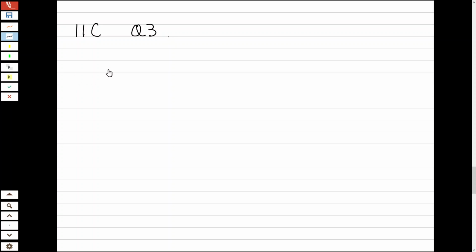So in this question, we are told we have a transition matrix, T equals 0.65, 0.35, 0.4, 0.6.